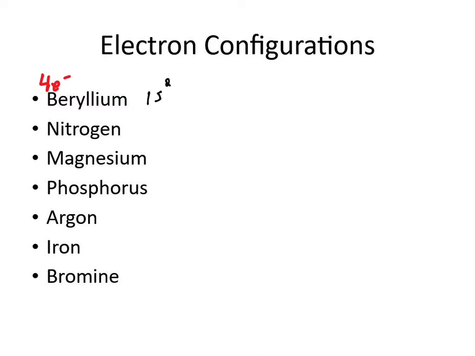So after the 1s, what's going to fill up next? 2s. That can hold a total of 2 also. So 2s, 2. I've got a total of 4 electrons, so that's my electron configuration for beryllium.